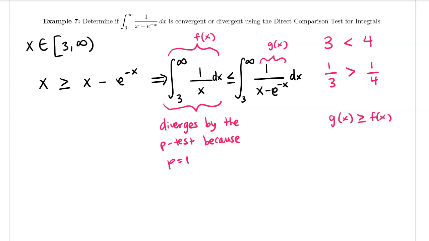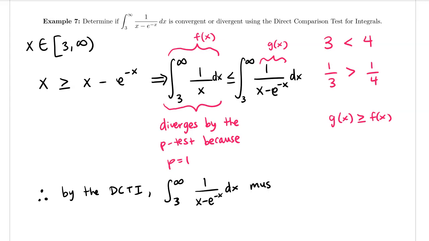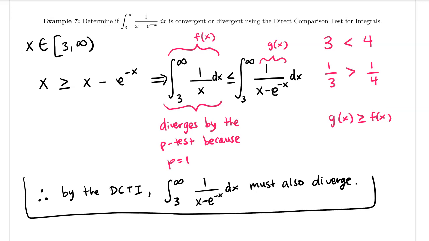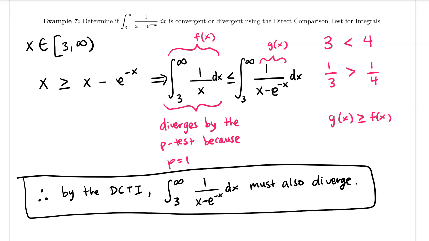So coming back down here, we can say therefore, by the direct comparison test for integrals, the integral from 3 to infinity of 1 over x minus e to the negative x dx must also diverge. And there's our answer.